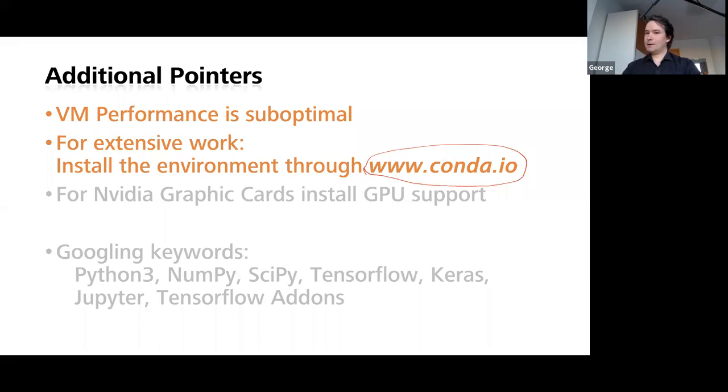If you have a gaming graphic card from Nvidia, you can install GPU support, and everything is going to be running a little bit faster. For certain models, it's going to be 30 times, 40 times, 100 times faster. These are the keywords that you might Google in order to get any documentation or more details about it.